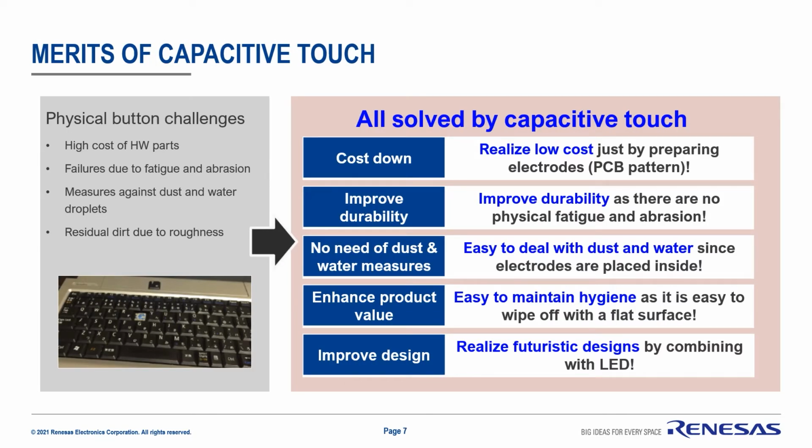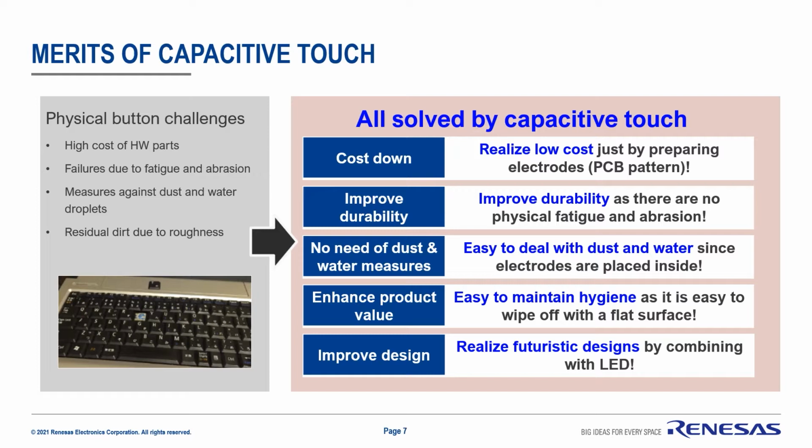The merits of the capacitive touch. If we compare to traditional physical buttons, the cost of this kind of solution could be very high because we have many parts to implement.